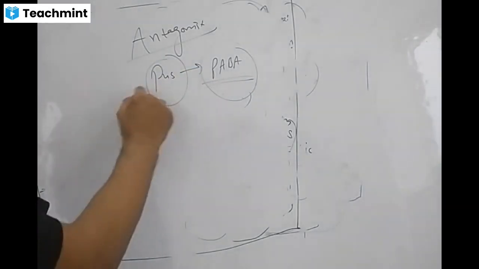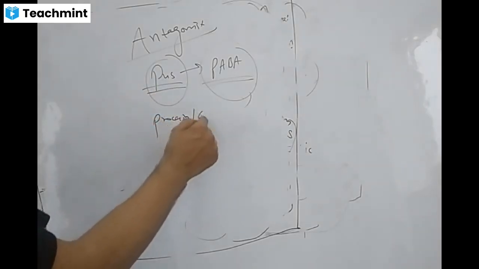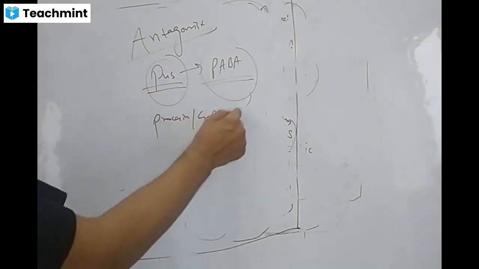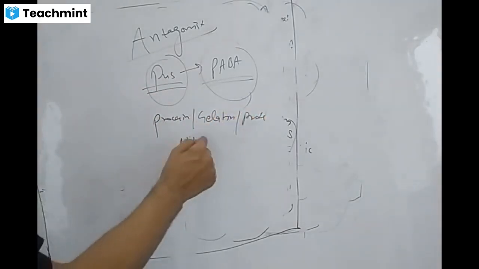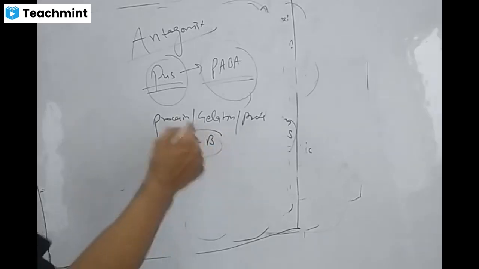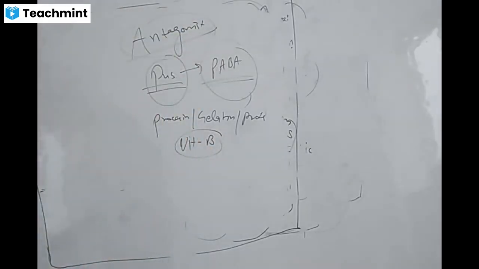Other molecules are also present like protein, gelatin, some other proteins, vitamin B. All these are the antagonists. They reduce the activity of sulfonamide.